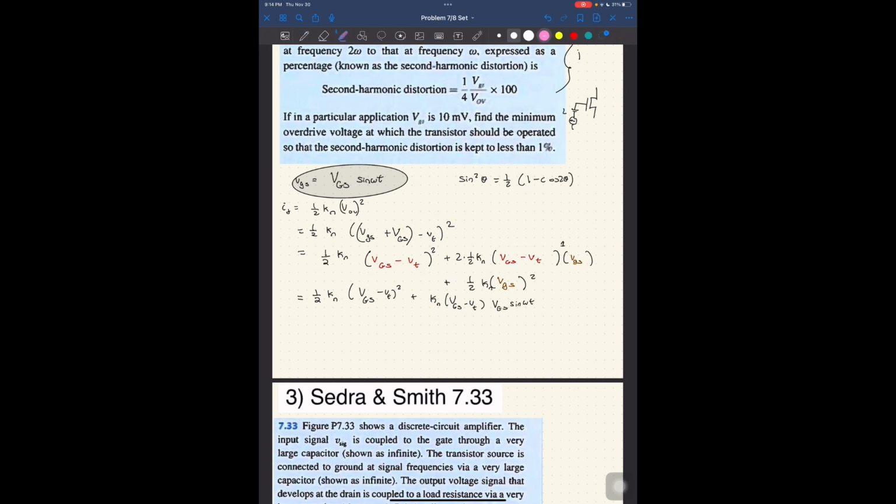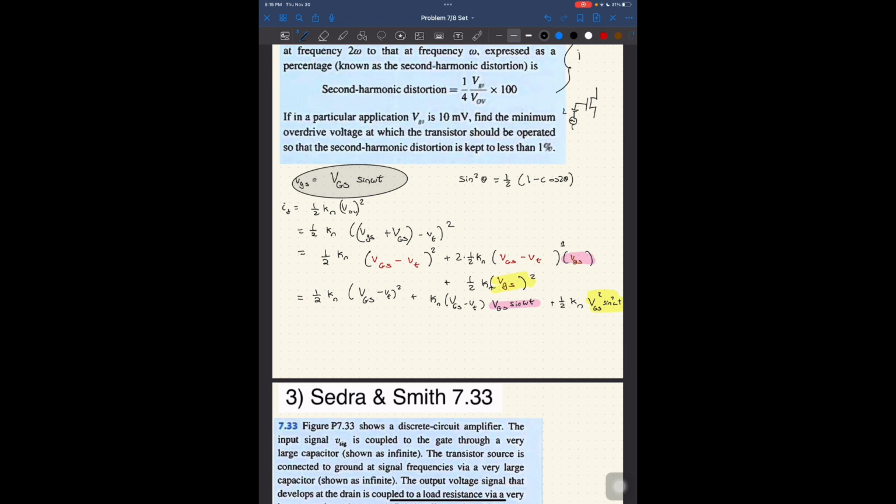So notice that this and this are equal, plus half Kn VGS squared sine squared omega t. And again, notice, a different color this time, so this term and this term are equal.